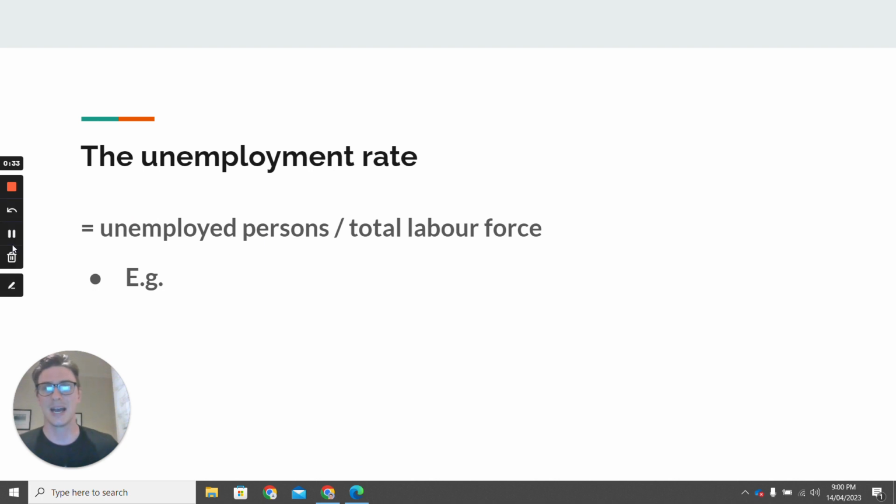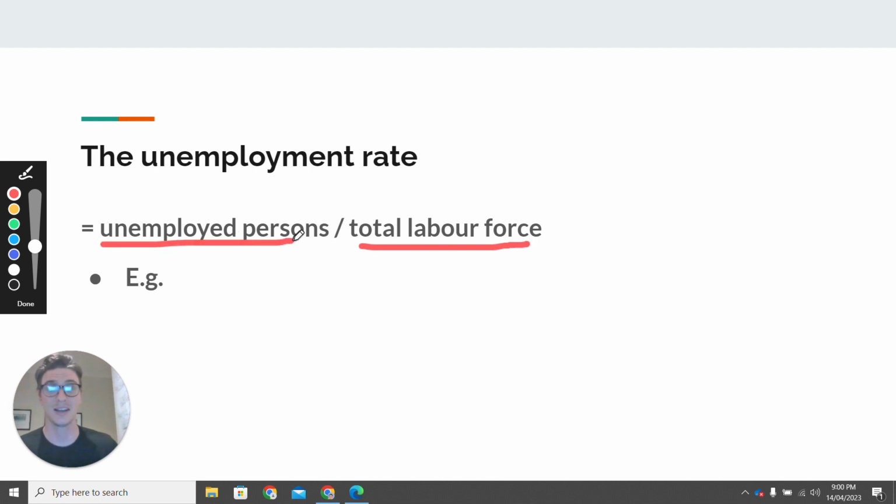The first one is the unemployment rate. Here what we're trying to understand is what percentage of the total labour force is classified as unemployed, which means they are looking for a job but do not have 1 hour of work per week. How do we work that out? We take the number of unemployed persons, 5 let's say, and divide it by the total labour force.